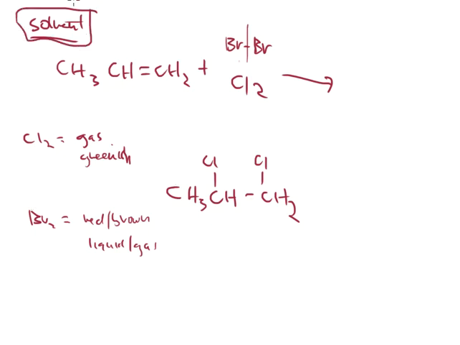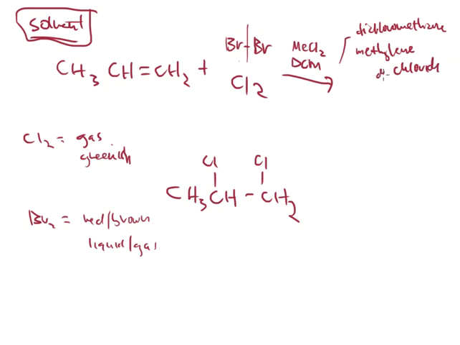Well, we need a solvent in order for that to happen. That solvent we're going to write here as DCM or MeCl2. So DCM stands for dichloromethane, and MeCl2 stands for methylene chloride or methylene dichloride.